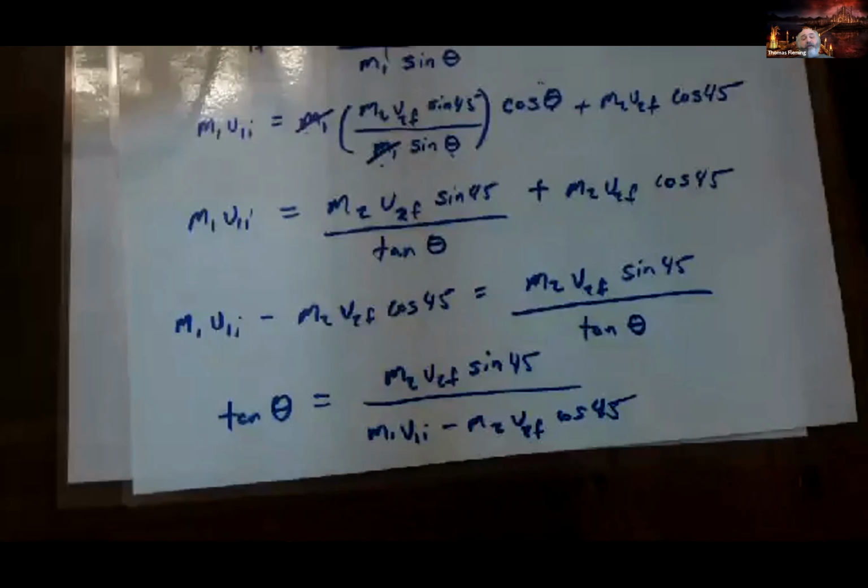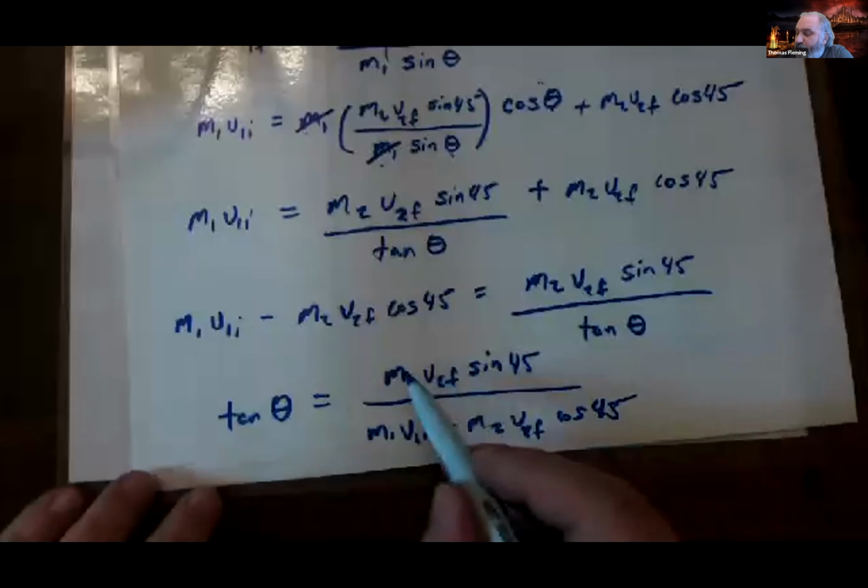So, super easy. Now all I've got to do is plug in my numbers. One thing I don't know off the top of my head is the mass of a billiard ball. However, I can make my life a little easier by recognizing that billiard balls all kind of look the same. The masses are all going to be the same thing. So even though I have M2 and M1 here, M2 and M1 are the same thing.